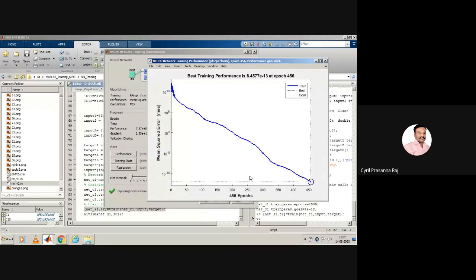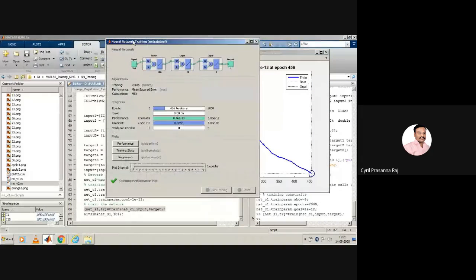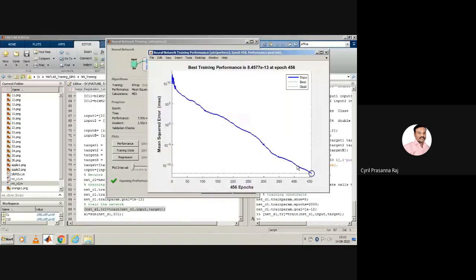In our example, we had set the target mean square error to be 1e-12. That was the requirement we had set. The 1e-12 is almost somewhere down to this. So it is able to reach that error of 1e-12 after 450 epochs, but our requirement was 2000 epochs. So it is able to meet the requirement, so the training has been stopped.